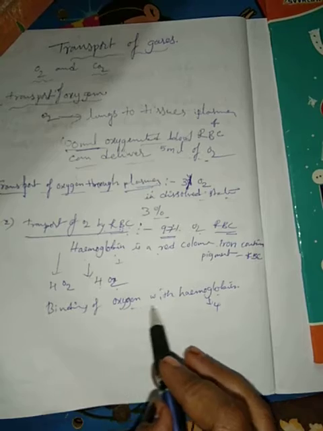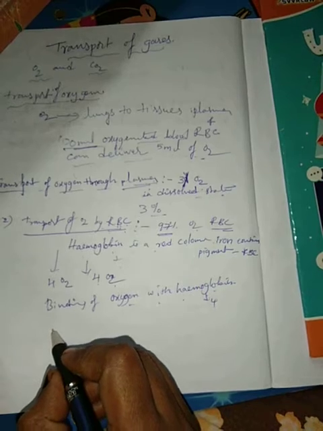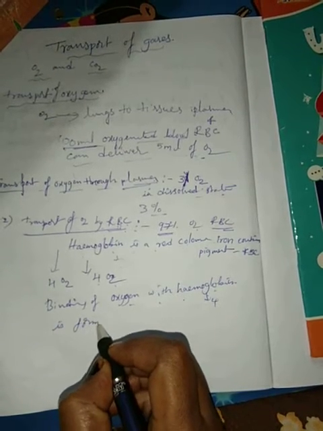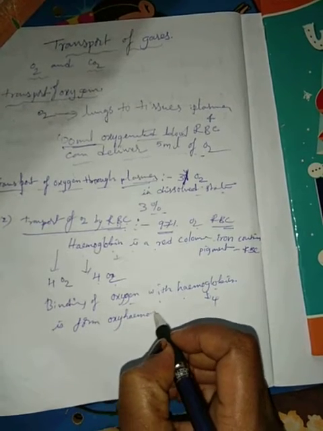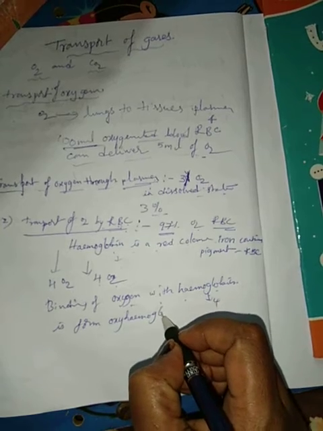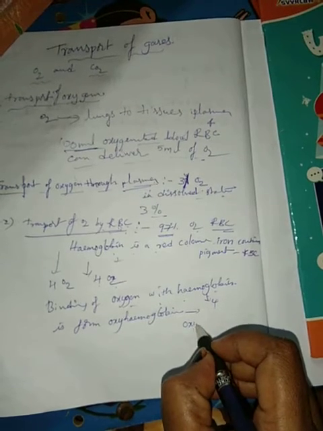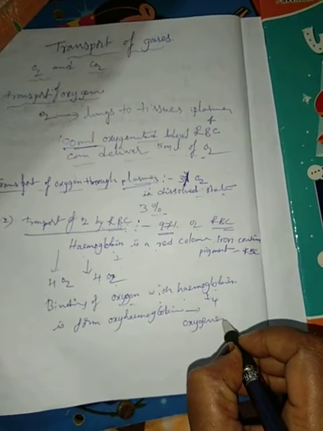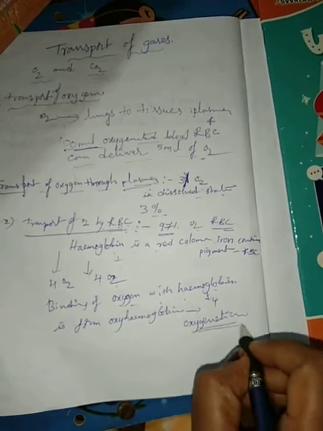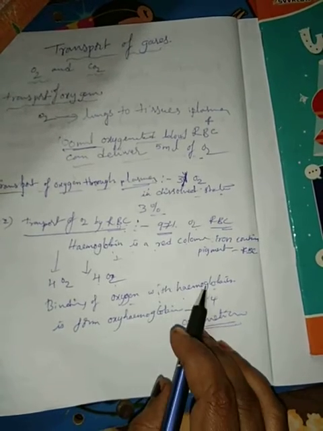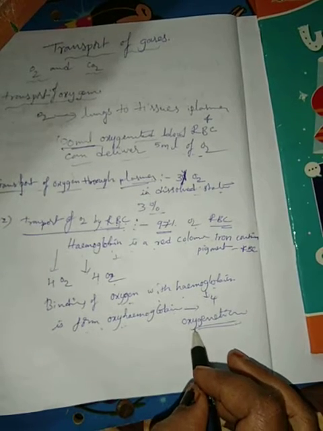The binding of oxygen with hemoglobin forms oxyhemoglobin, and this is called oxygenation.